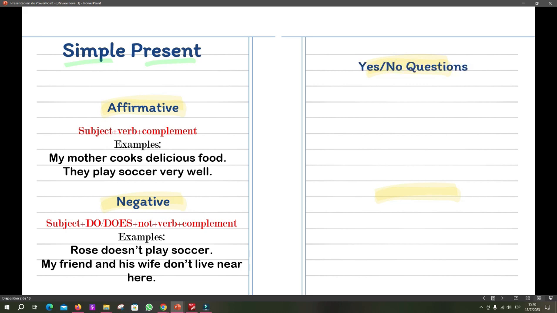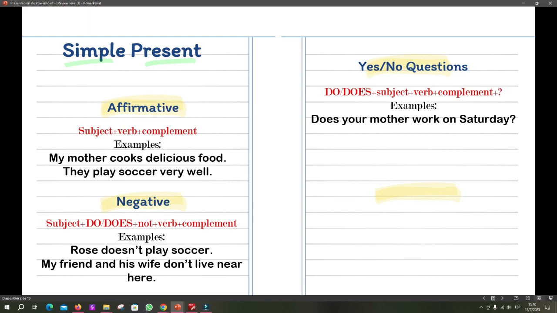What about just yes/no questions? First, do or does, plus the subject, plus the verb, plus complement, and also the question mark. Examples. Does your mother work on Saturday? That's a question, just yes/no question.